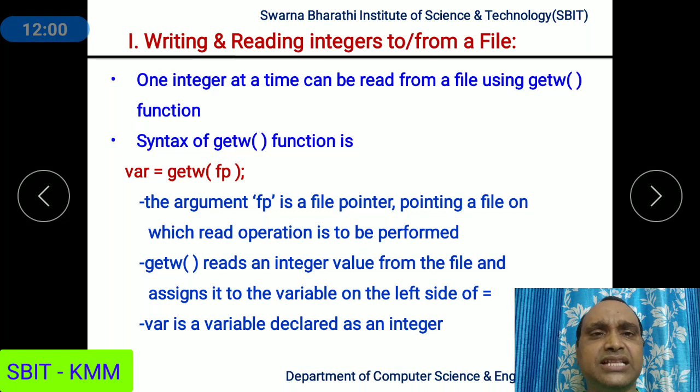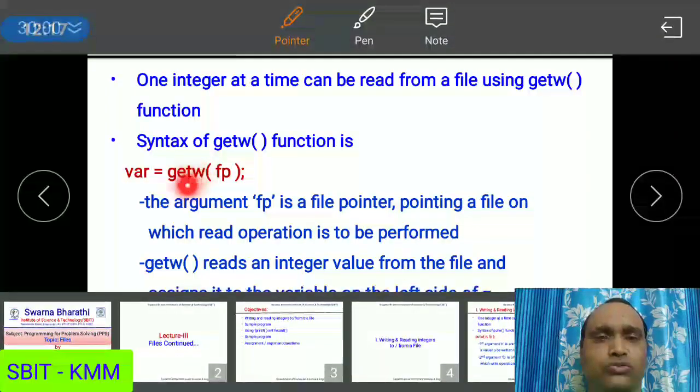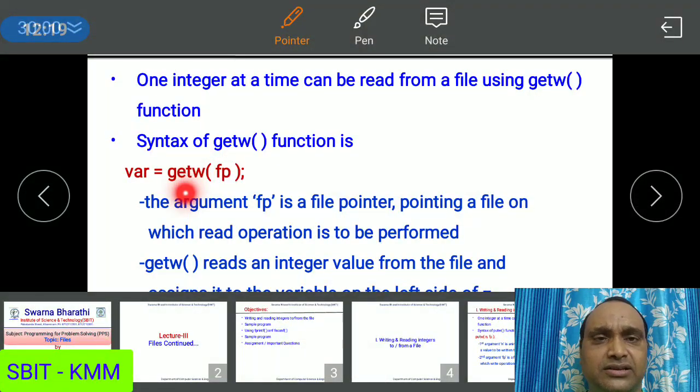That argument is nothing but the file pointer, which is referring or pointing to the file on which we are performing a read operation. The file pointer fp reads an integer value from the file with the help of the getw function.